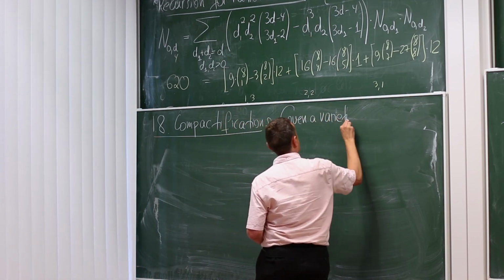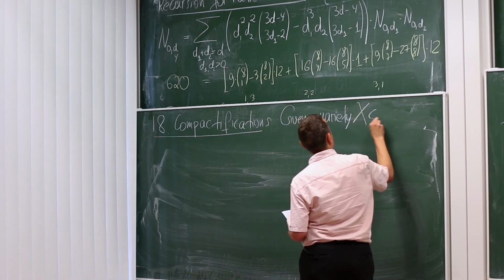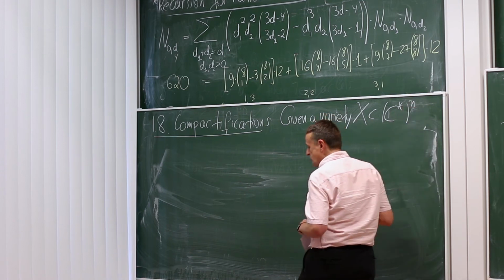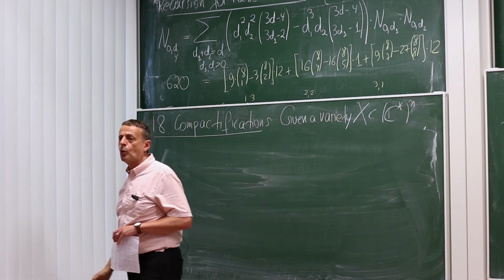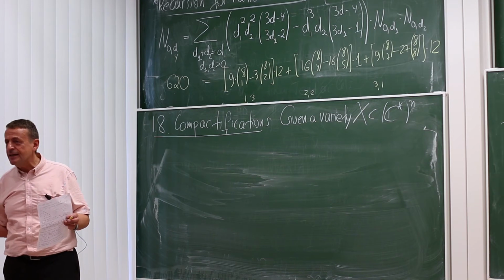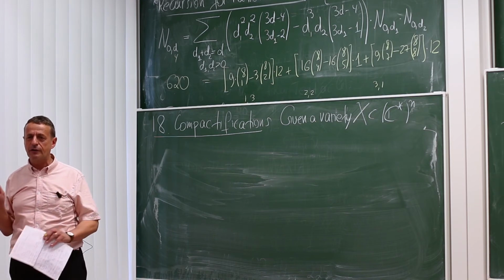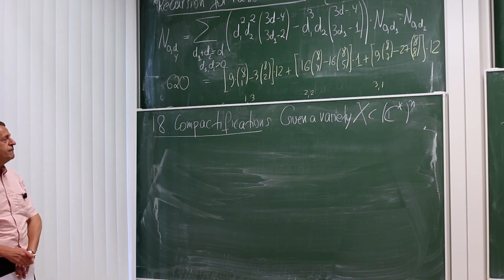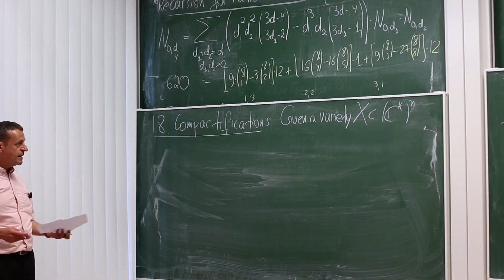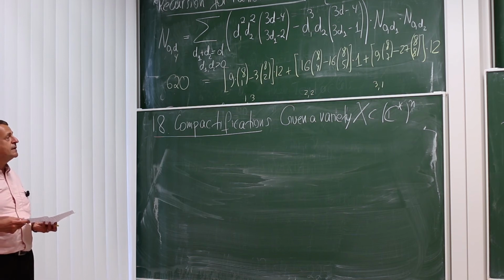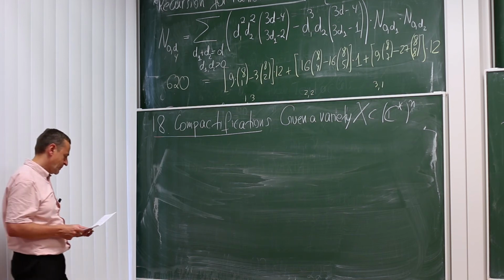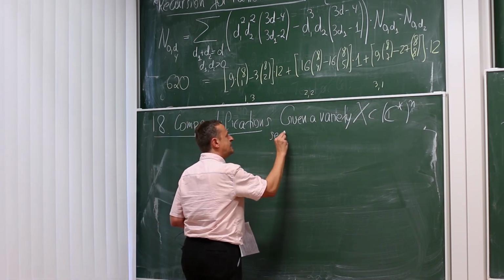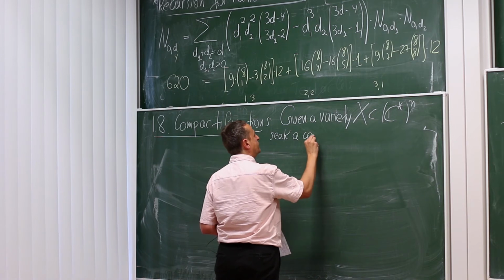So this is a classical variety, and we're in (C*)^n. So I'm always disallowing 0 coordinates. And the reason is that tropicalization is sort of taking the logarithm. You're not allowed to take the logarithm of 0, right? So I'm taking n-vectors of non-zero complex numbers, and I take the zero set in there of a bunch of polynomials. So then what we're going to be interested in, we're going to seek a compactification.